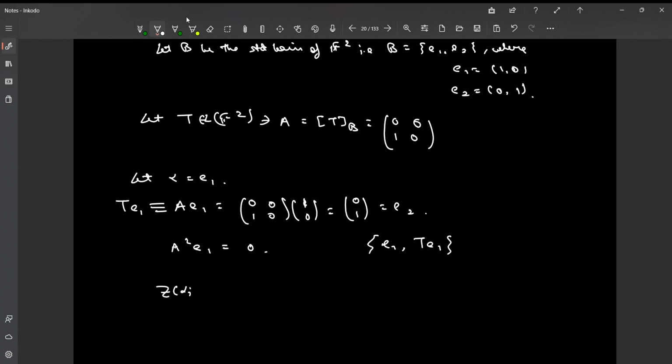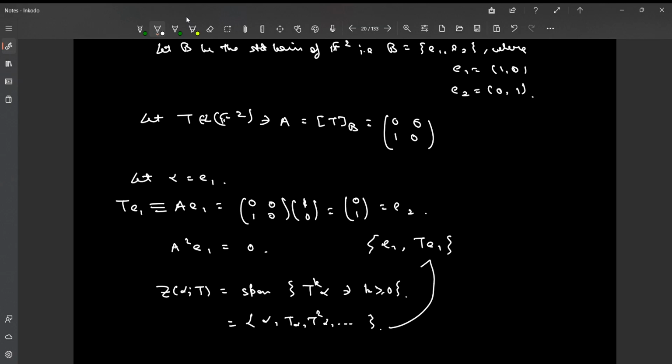Now, one more thing to consider about Z(alpha, T): by the way it is constructed, isn't this the span of the vectors of the form T to the power k alpha such that k is greater than or equal to 0? So it's the span of the vectors alpha, T alpha, T squared alpha, and so on. That's why the term cyclic has come. So it's sort of a cyclic set, you might say. The elements keep on getting generated by applying T on the vector which we previously have.